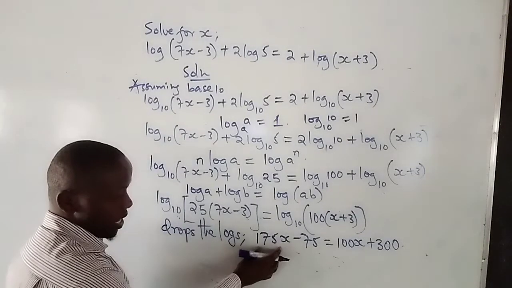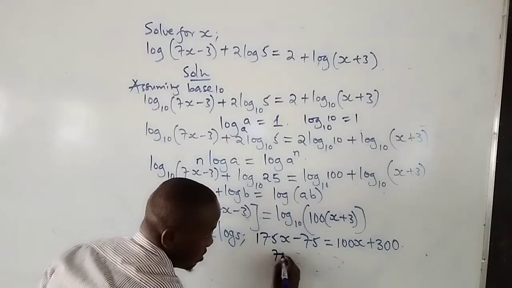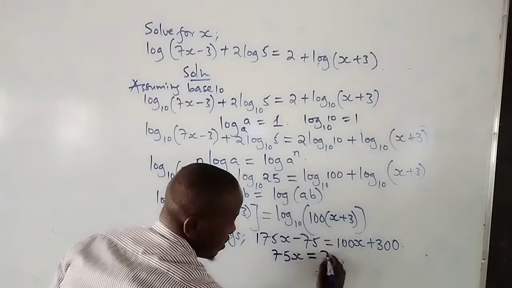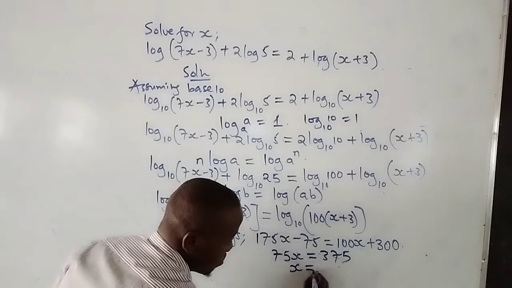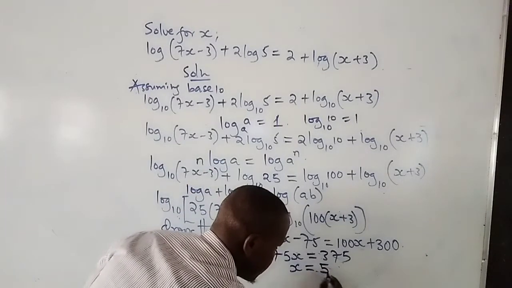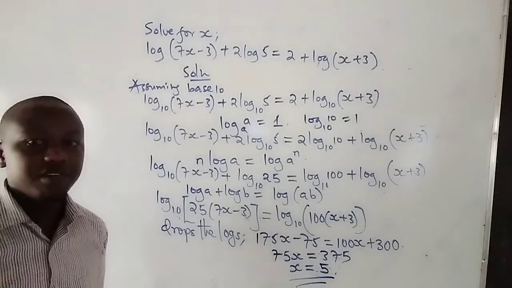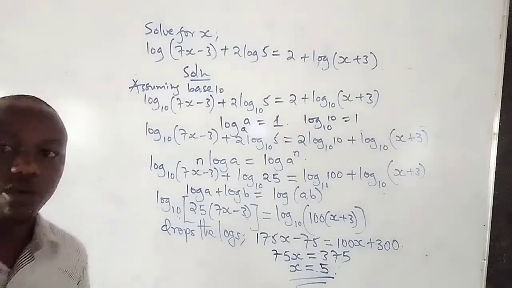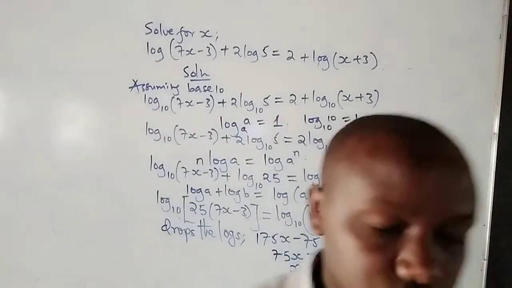This should give us 175x minus 100x, 75x, is equal to 300 plus 75, 375. So x is, when you divide 375 by 75, 5. So 5 is the value which was desired. That's how you were to solve the logarithm question.